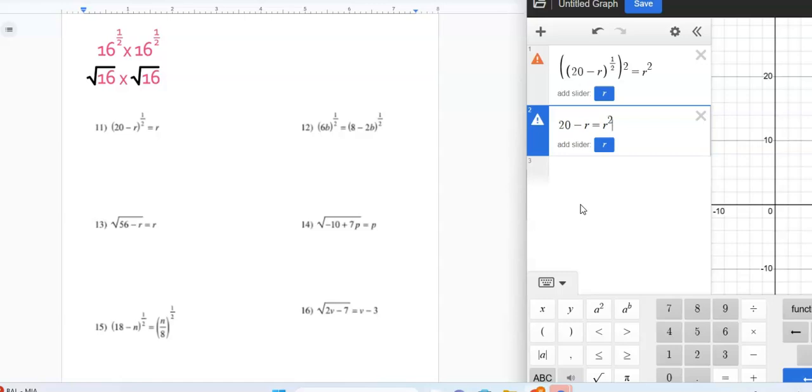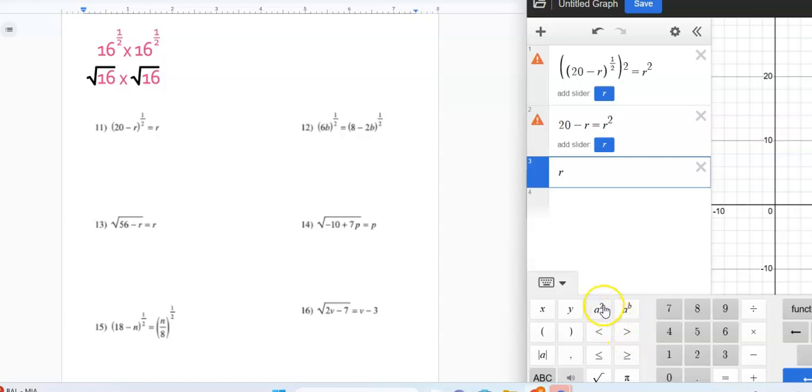Okay, now if you look at what we have now, does anybody see what to do? I want to make all of this stuff be on the same side of the equal sign, but I want to make the r squared stay positive. So I'm going to subtract 20 from both sides, and I subtract negative r from both sides, which really means I'm adding r.